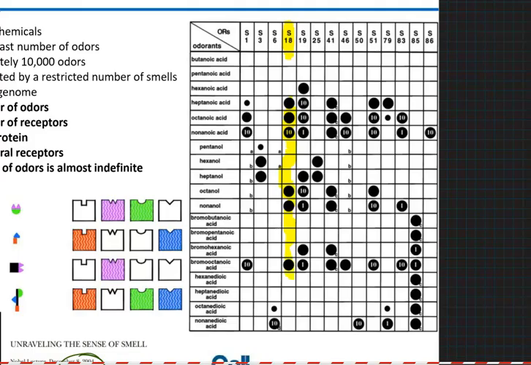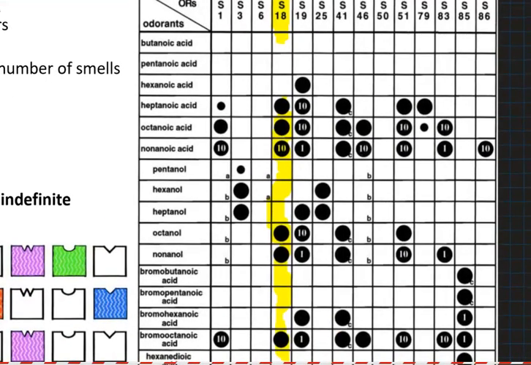Okay, can be stimulated by heptanoic, octanoic, nonanoic acid, octanol, nonanol, whatever, doesn't matter. Now, what I want you to appreciate, check this out. It is most sensitive to nonanoic acid. So not only can it be stimulated by different compounds, but the strength of the stimulus is different for different compounds.